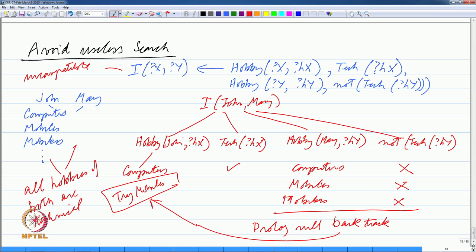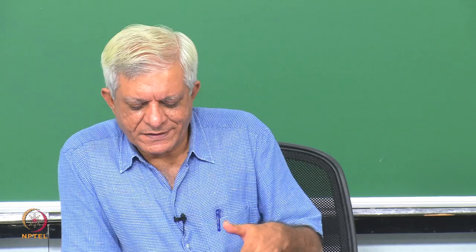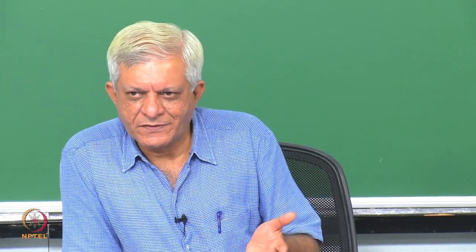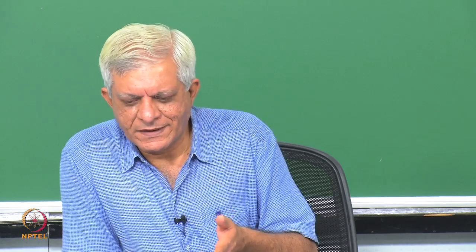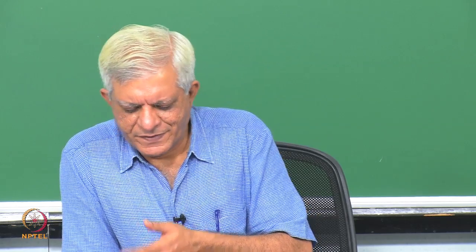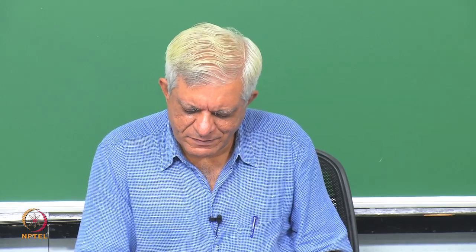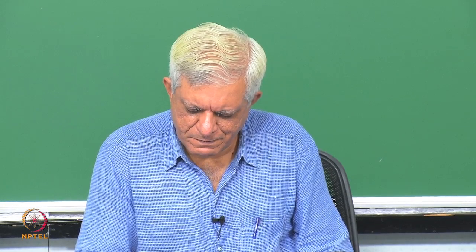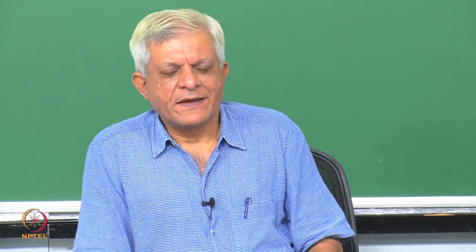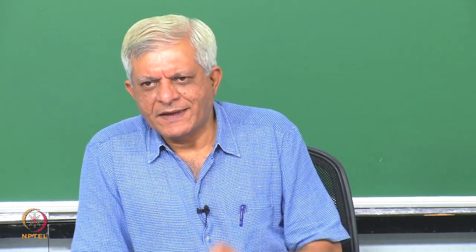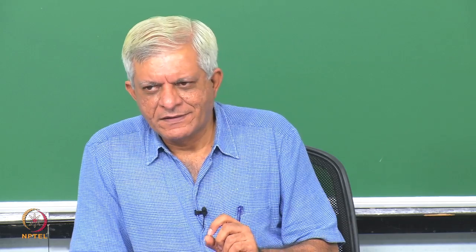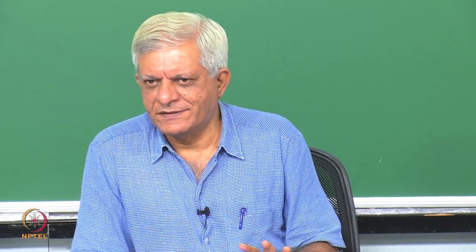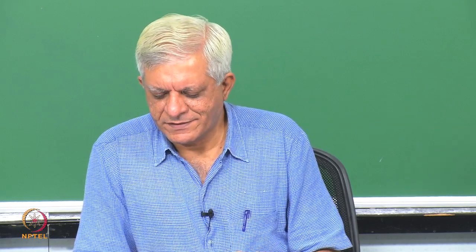Now, what is the point of coming back and trying another hobby of John, which is mobiles, because again you will find all the hobbies of Mary are technical. So, this work is useless. And Prolog gives the programmer a mechanism to signal: do not try this again.